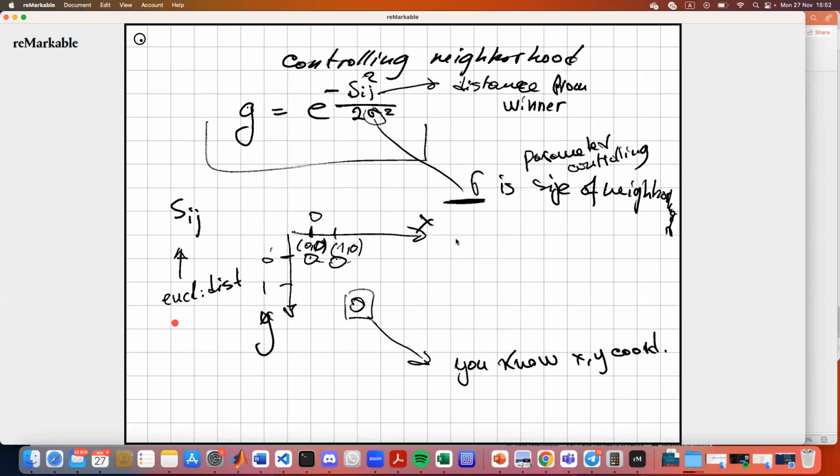Distance I to J. So it's basically I minus J. Sorry for this computer writing. I just want to connect it to the code better.